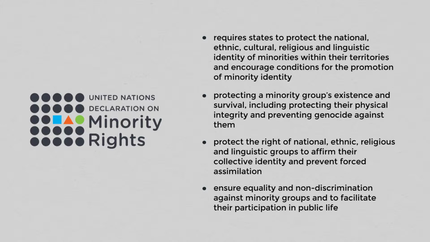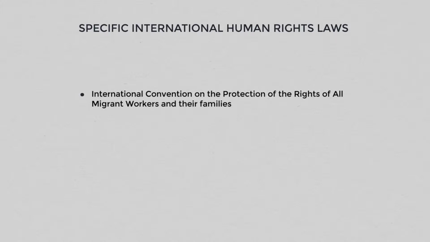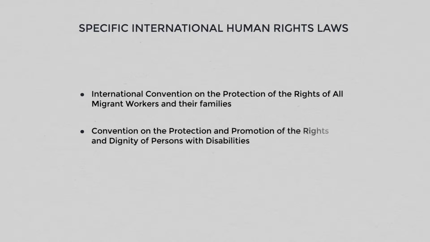Apart from these general provisions for the protection of the rights of minority groups, there are also several international human rights laws aimed at protecting specific minority groups, such as the International Convention on the Protection of the Rights of All Migrant Workers and Their Families, and the Convention on the Protection and Promotion of the Rights and Dignity of Persons with Disabilities.